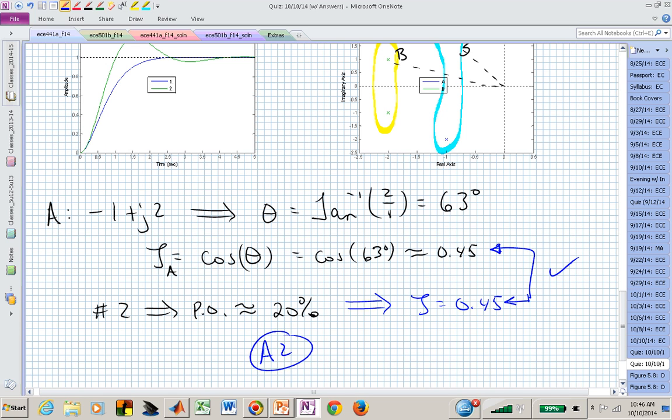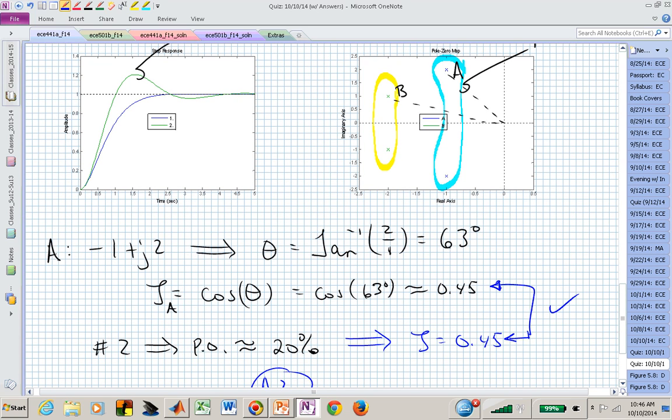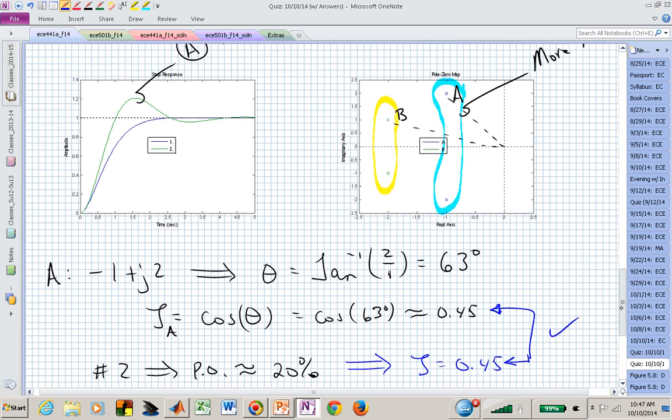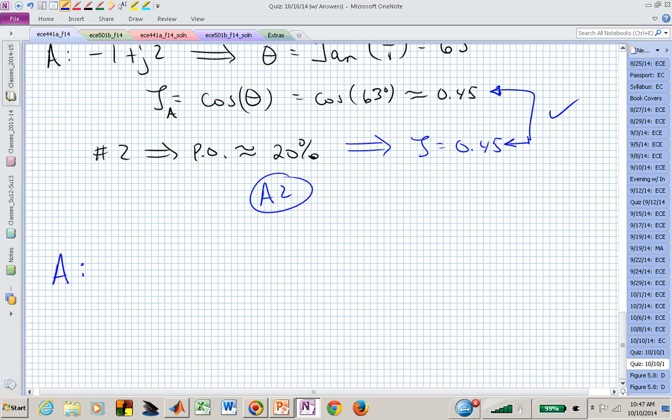If we looked at the settling time, because both of these have different settling time characteristics, these two sets of pole pairs are actually at two different distances into the left half S-plane. If we look at pole pattern A, which is closer to the imaginary axis, it has a real part of 1.